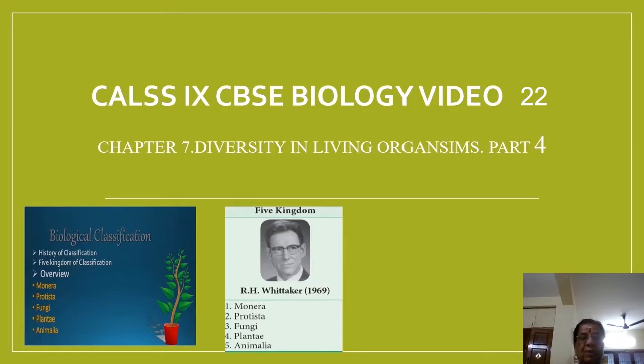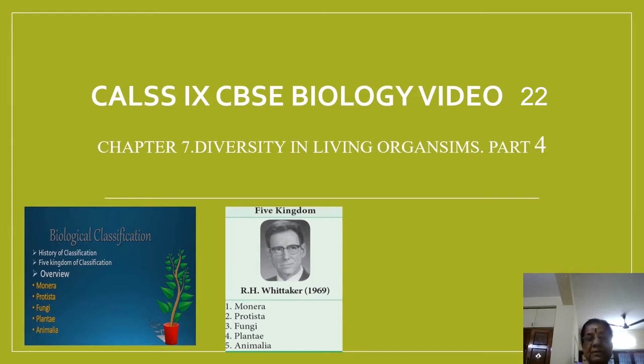So this basis of classification helped in classifying the organisms. Now what you are seeing in the video figure is the five kingdom classification, where they are classified into five kingdoms: Monera, Protista, Fungi, Plantae and Animalia.